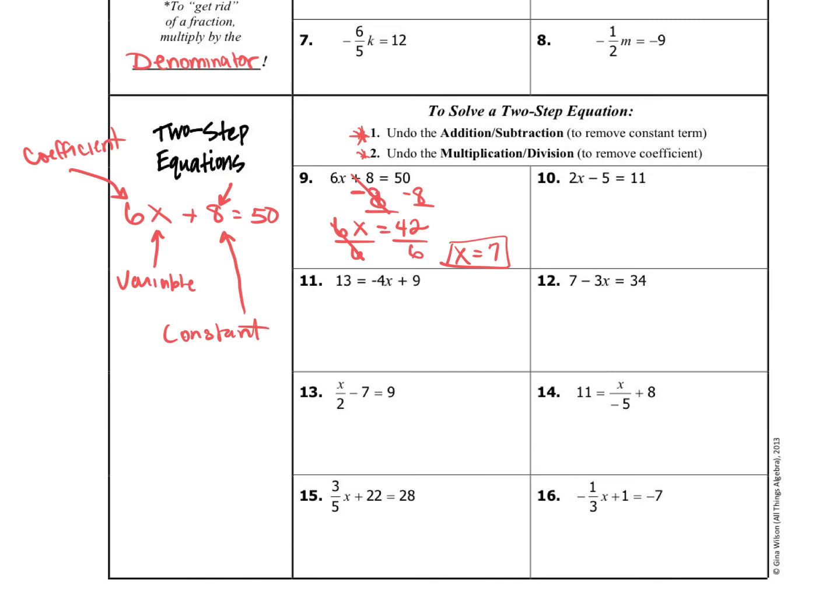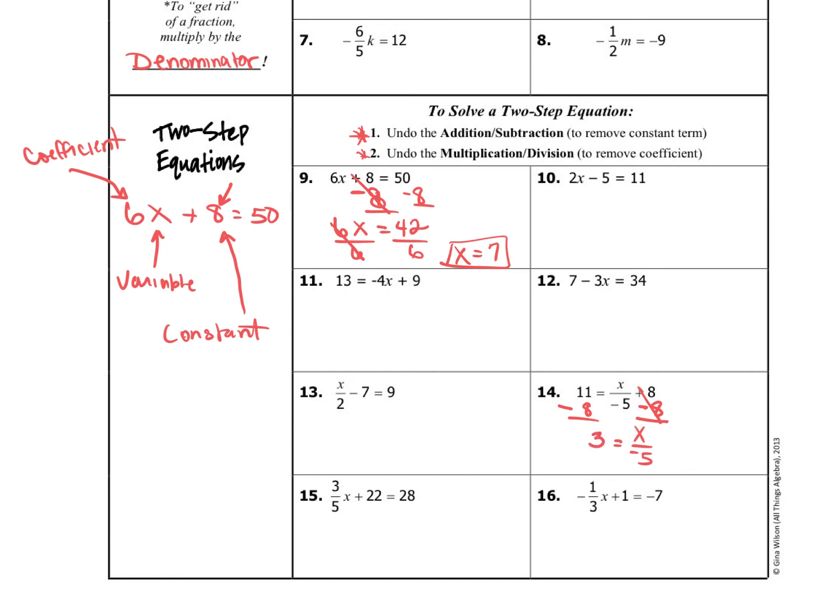Let's do 14. This says 11 equals x over negative 5 plus 8. Again, we're going to first move the constant. So we're going to move it to the other side. We're going to subtract 8 from both sides. That leaves x over negative 5. 11 minus 8 is 3.